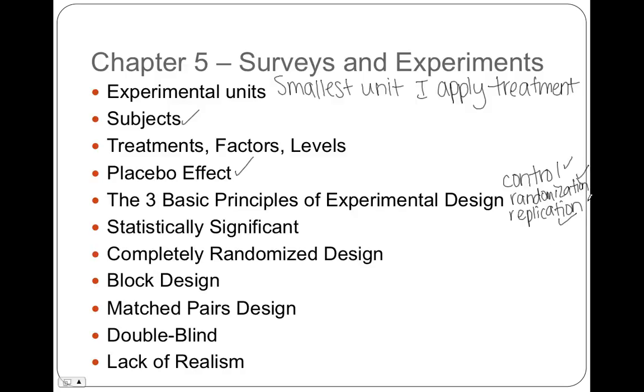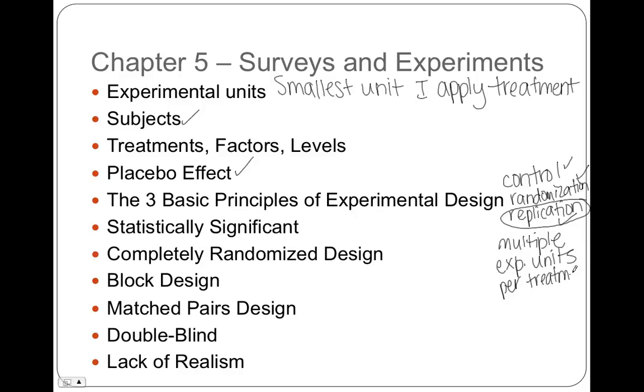And replication, remember, this is the one that doesn't mean what you think it means. A lot of students think it means writing up your results really well so somebody else can repeat them or doing it all over again. No. Replication means that I have more than one experimental unit per treatment group.